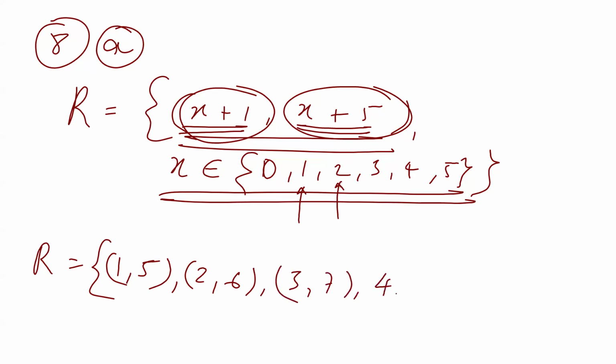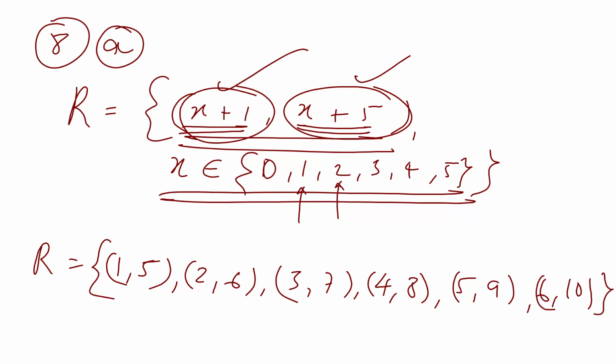Then 3 plus 1 is 4, 3 plus 5 is 8. 4 plus 1 is 5, 4 plus 5 is 9. 5 plus 1 is 6, 5 plus 5 is 10. So this is the relation in the roster form. You can write down the domain and range at your end. Okay. So the domain is 1, 2, 3, 4, 5, 6. The range is 5, 6, 7, 8, 9, and 10.